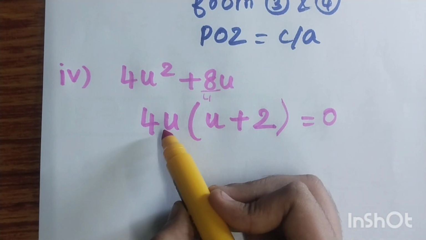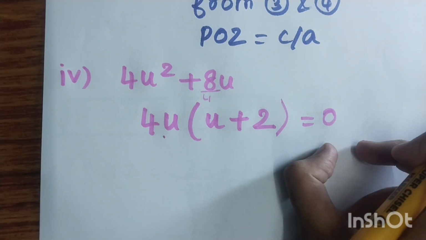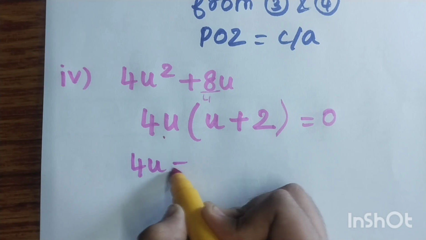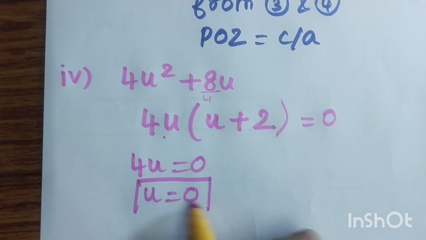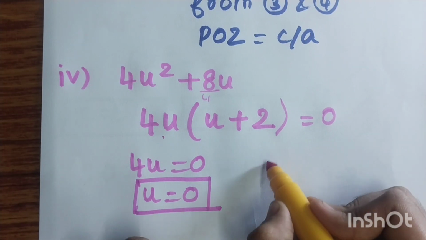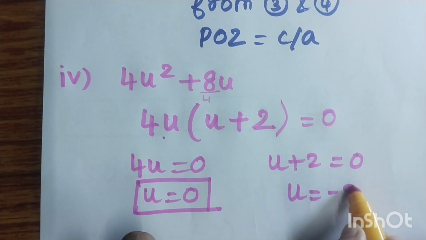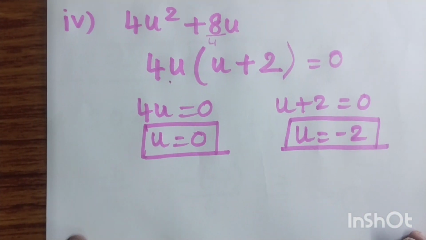Okay, so 4u is equal to 0 and u plus 2 is also equal to 0, right? So 4u is equal to 0, which is u is equal to 0 only. Okay, and u plus 2 is equal to 0, where u is equal to minus 2. So I got my zeros very easily.